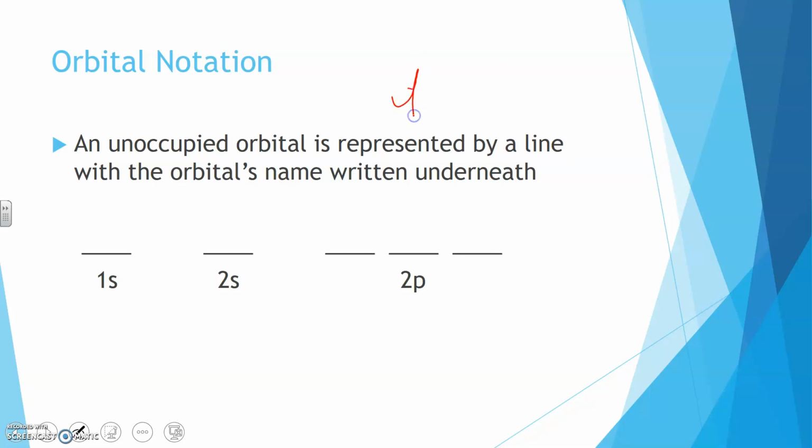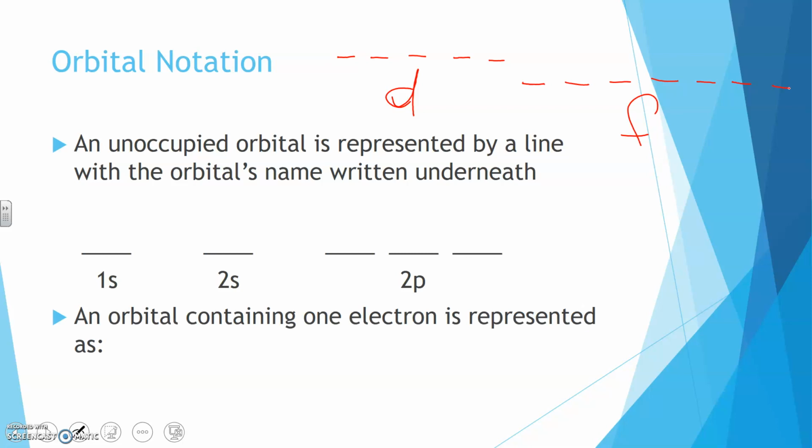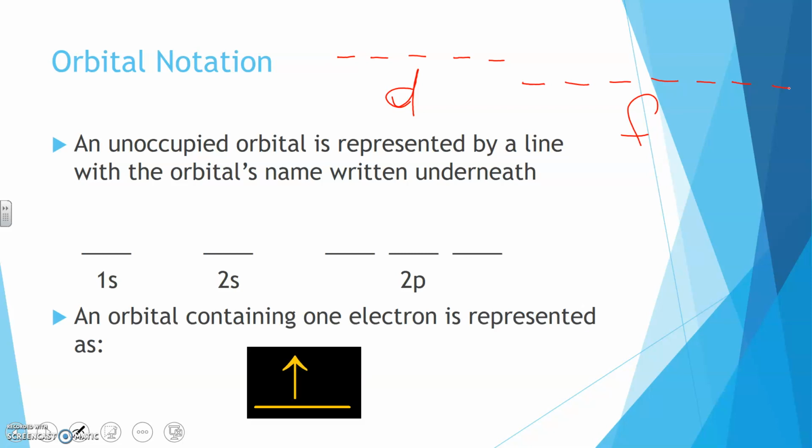D orbitals, you would have the 5 lines, and for an F orbital, you would have the 7. Just like that. And then you also do have to have the energy level of that orbital written with it.